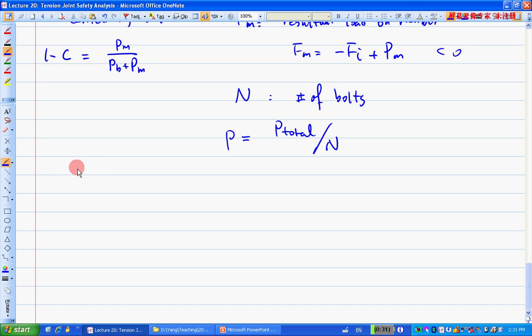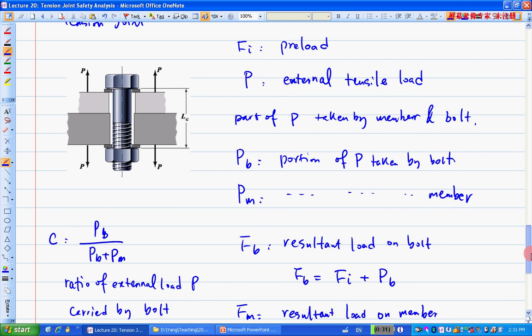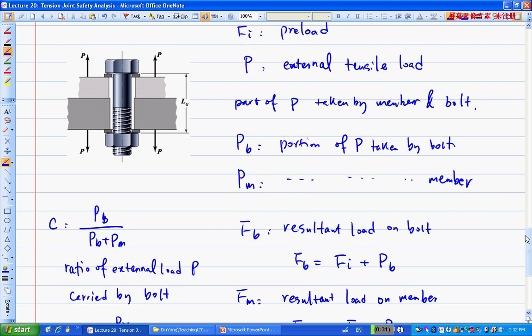Imagine the situation here. You have this external load P applied here. How much deflection will be caused by PB, and how much deflection will be caused by PM?